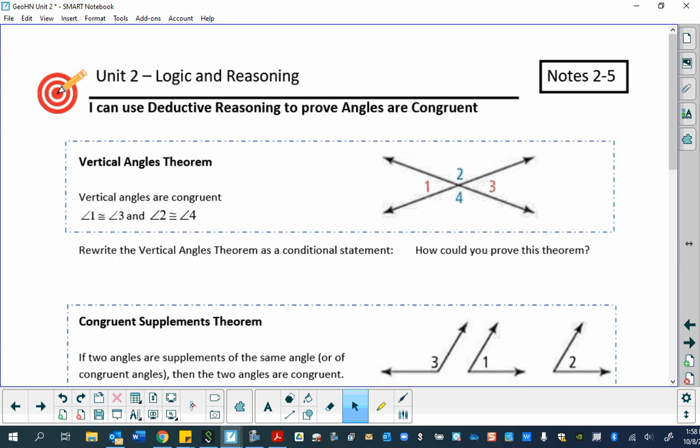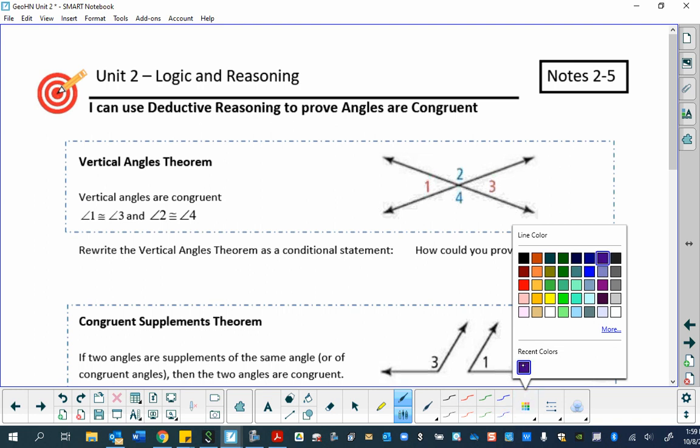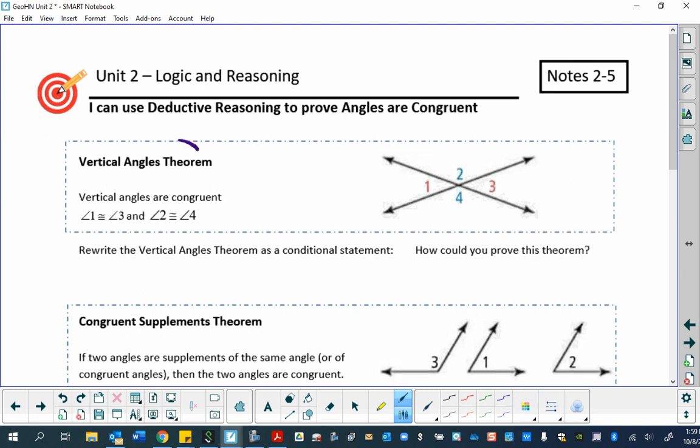Okay, ready? Vertical angles theorem. This is what you need to understand about why we're doing what we're doing. This is our first one of these. Our vertical angles theorem, a theorem is something that can be proven.